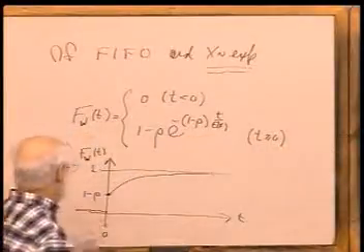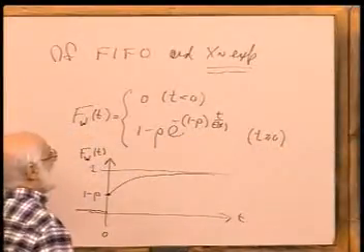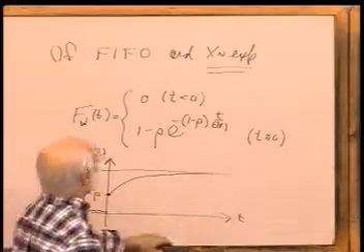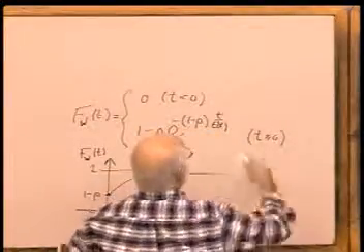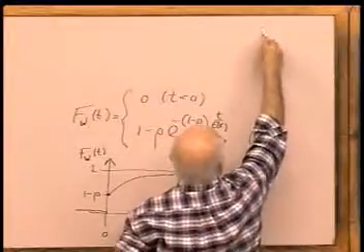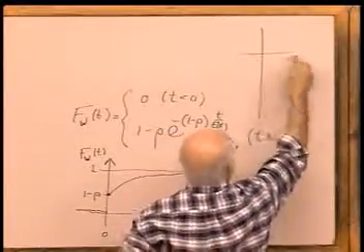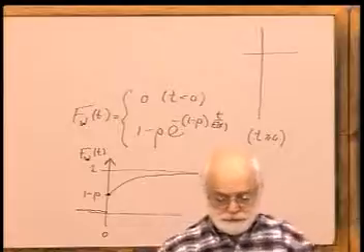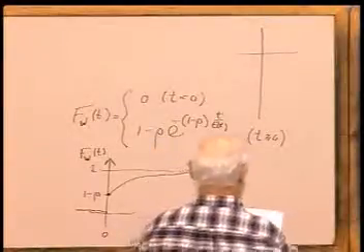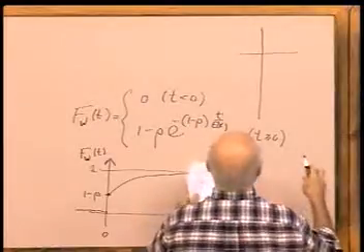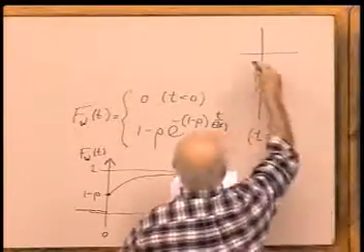Now, what the homework asks you to do is this. Let me erase this here so I have some more room. It asks you to compute a table. And so the table is for the distribution function.